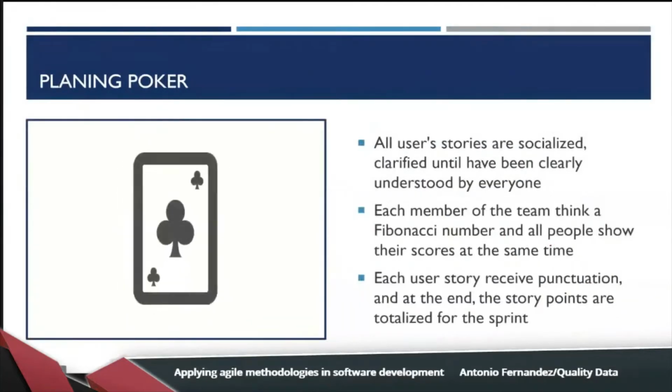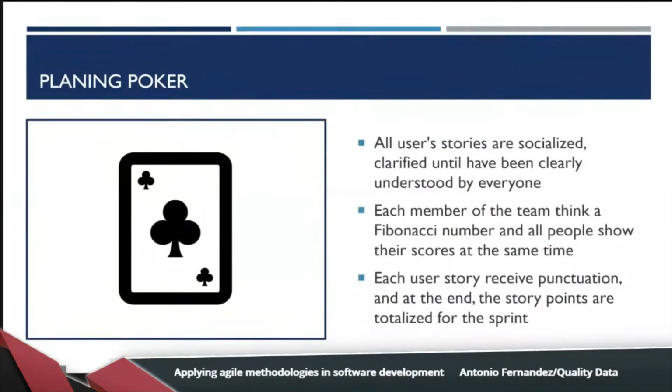Now, how can I assign these story points to all user stories in our iteration? At the beginning of an iteration, we hold a planning poker meeting. At this meeting, all user stories are socialized and clarified until they have been clearly understood by everyone in the team.